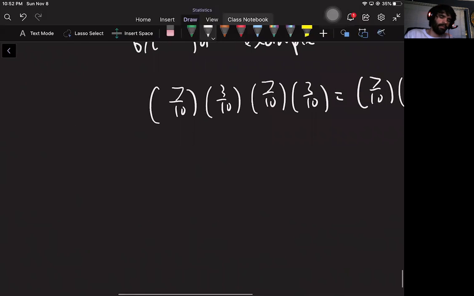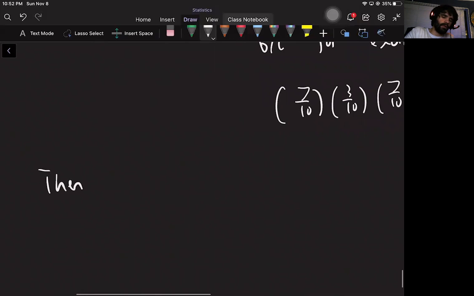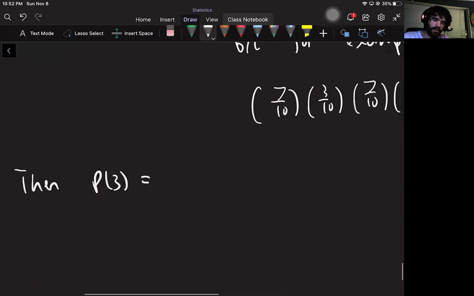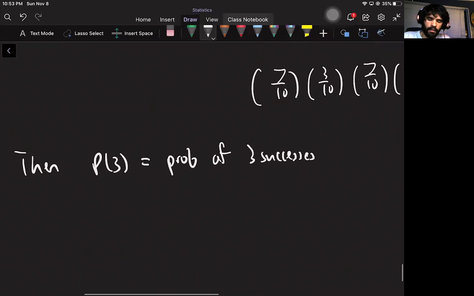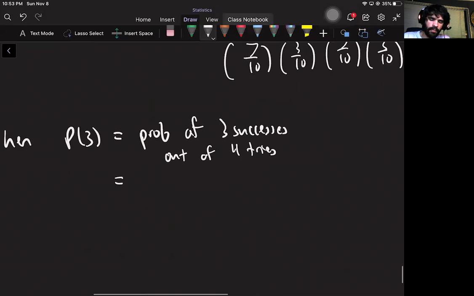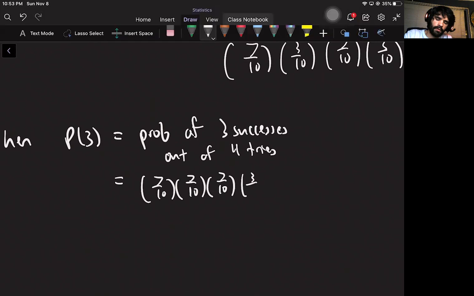So then next is P of 3. Well, I can sort of start skipping ahead. That just means I want 3 successes out of 4 tries. And now I sort of see the pattern. It's just every time I get a success, I do the probability of success. So I'm going to have 3 of these and 1 of fails.